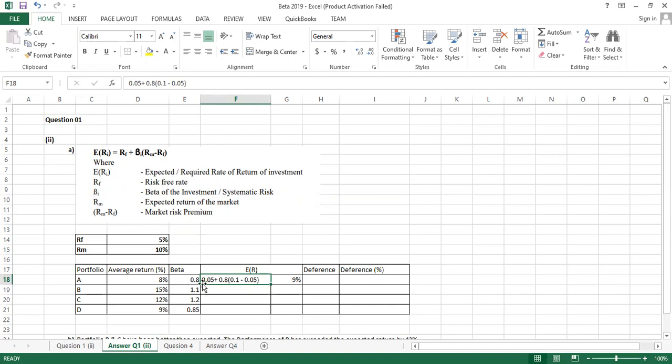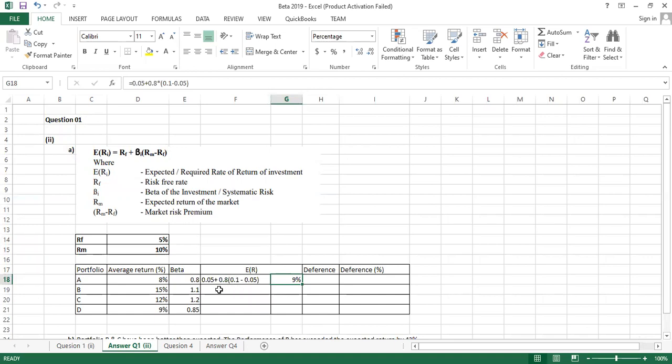Expected return equals RF plus beta. RF is 5%, 0.05. Beta for portfolio A is 0.8. Then open the bracket, RM is 10%, 0.1, minus RF 0.05, then close the bracket, and the answer is 9%.